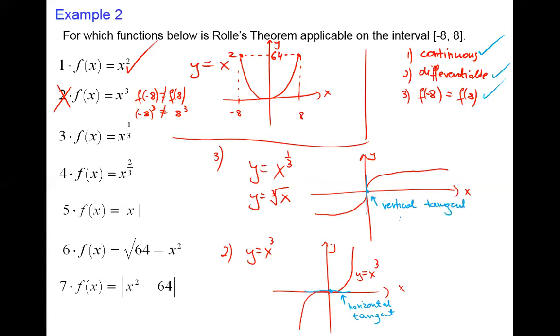And what is actually the slope of the vertical line, the vertical tangent? We can say infinity. It's simply undefined. That means this function doesn't have a derivative at 0, which means the function is not differentiable.